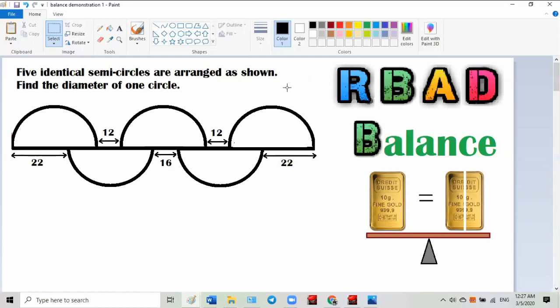Now, what am I getting at? Well, let's take a look at this question on the left. This question is an examination question from the PSLE, or Primary School Leaving Examination, for the year 2019.